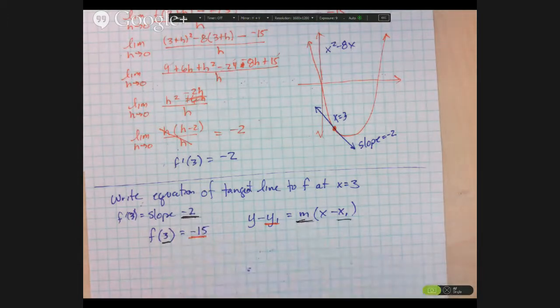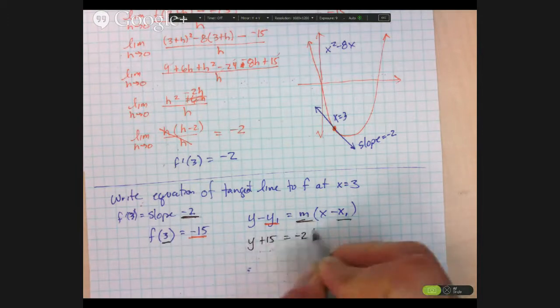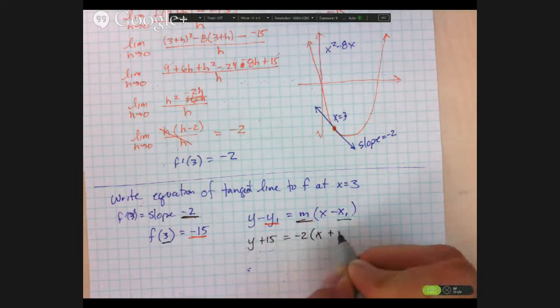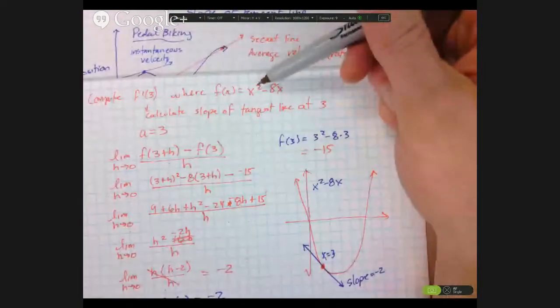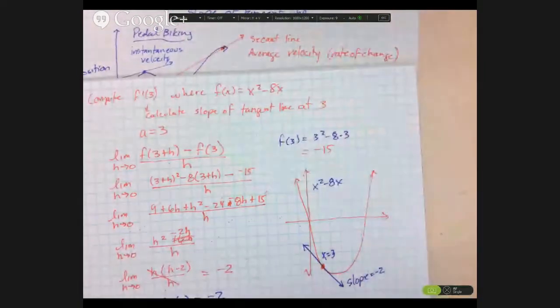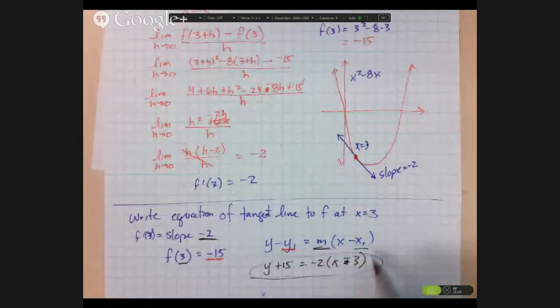Plug it in, and you're done. Don't simplify. It's f of 3, so plug 3 in. Don't forget the small stuff. So this is the equation of the tangent line.